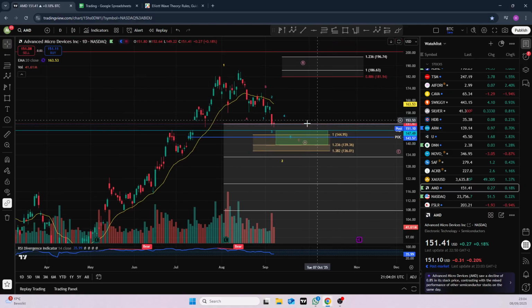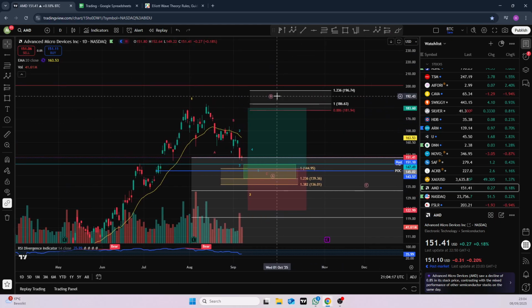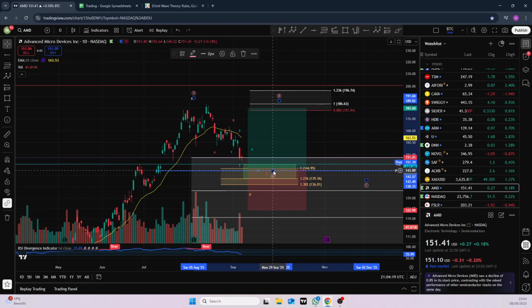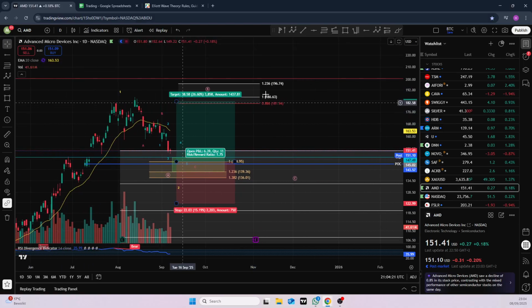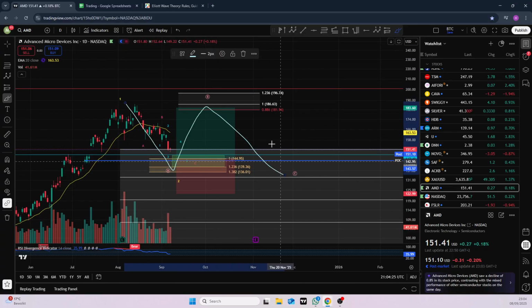So here you could trade this, in my opinion, with a tight stop loss, maybe under the point of control, and you could target this box, which is a wave B target box, should the correction extend into a longer one.